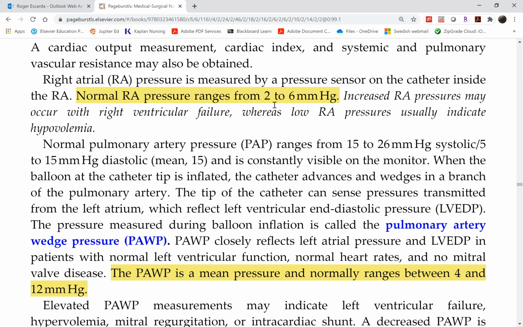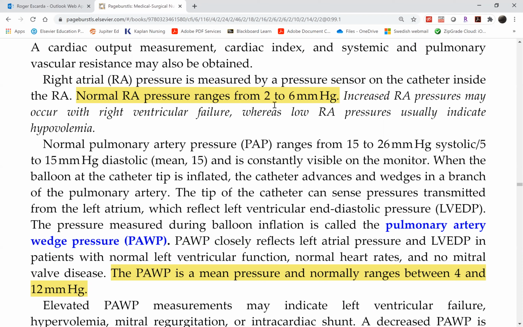So here's your review again. Right atrial pressure refers to pressure on the right side of the heart. If you have heart failure or an MI, whatever condition causing decreased contractility of the heart, it will increase because blood is not moving in and out of the heart. So therefore the pressure rises.